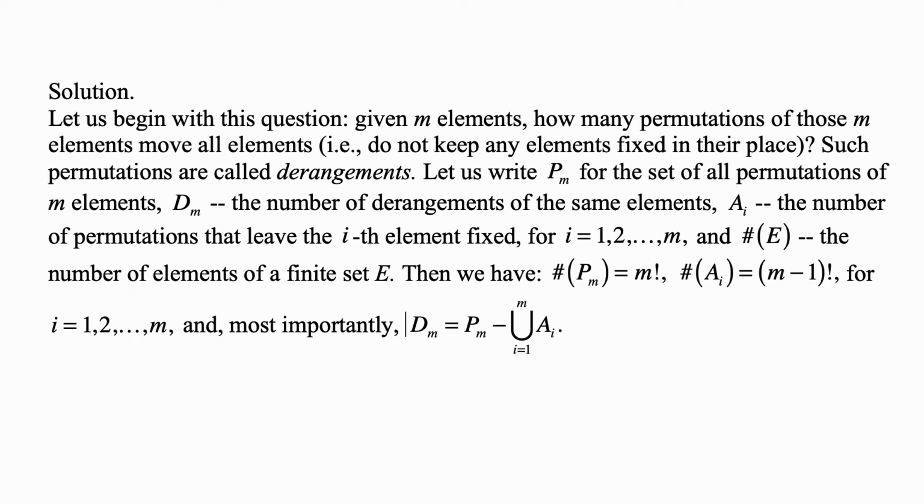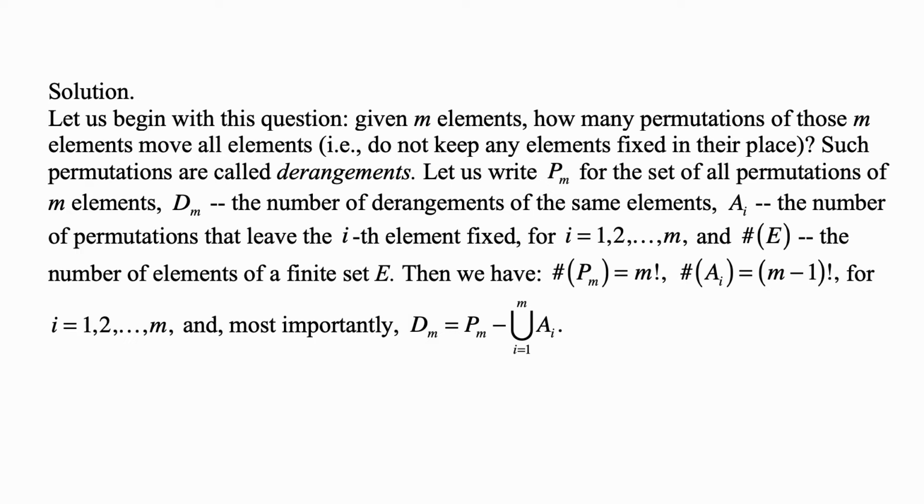Then there are only m minus 1 elements that are moving around, and so we basically have all permutations of those m minus 1 elements, for i equal 1, 2 through m.